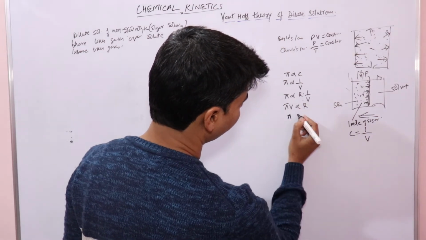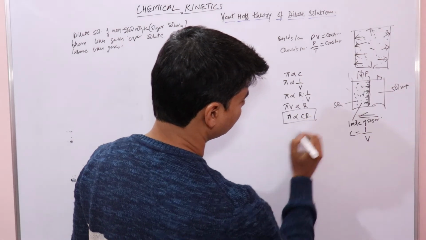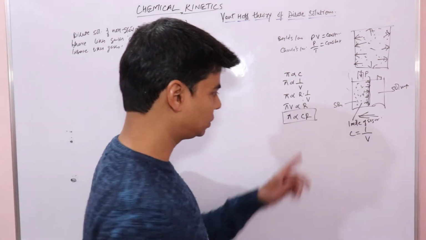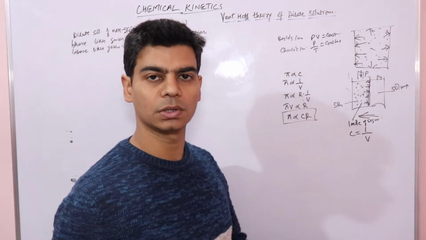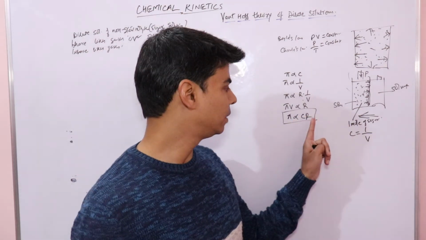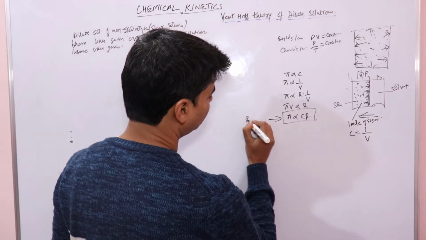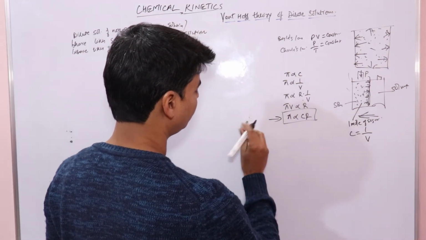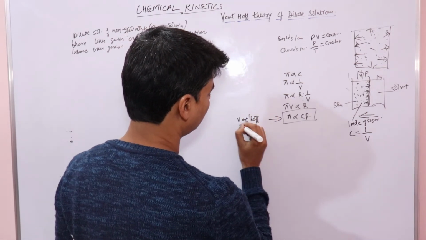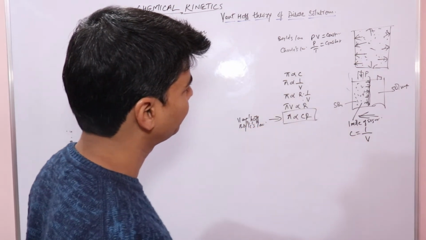I can write here CR. This is the relation, right?